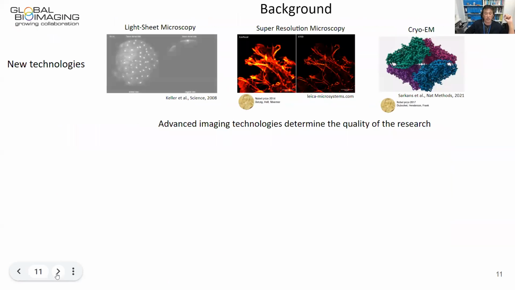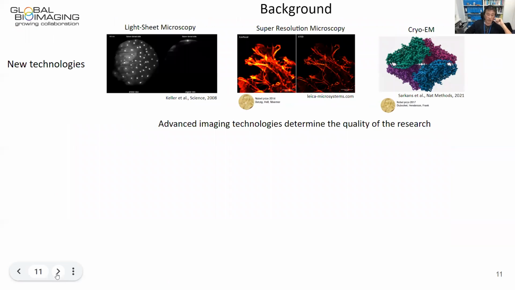So the background of Global Bioimaging is that, as you know, in the biomedical imaging field, new technologies are rising, including the light sheet microscope and super resolution, among others. These advanced imaging technologies often determine the quality or power of the research.